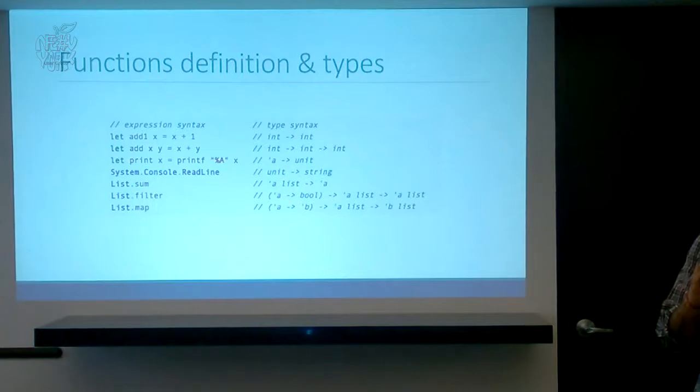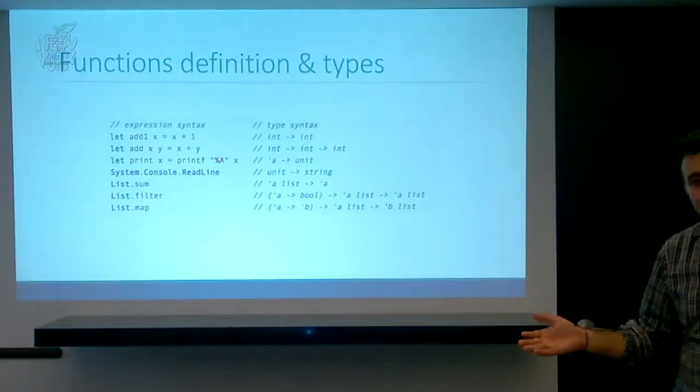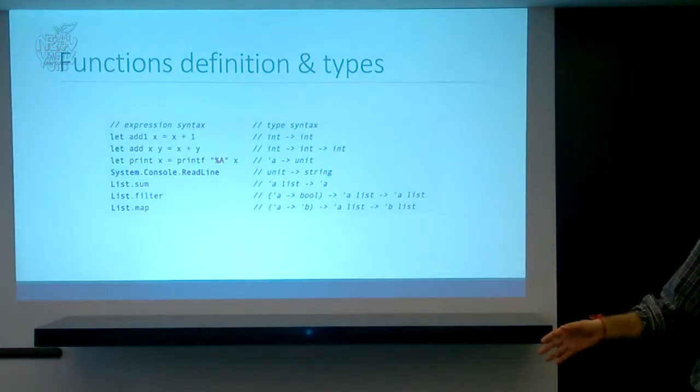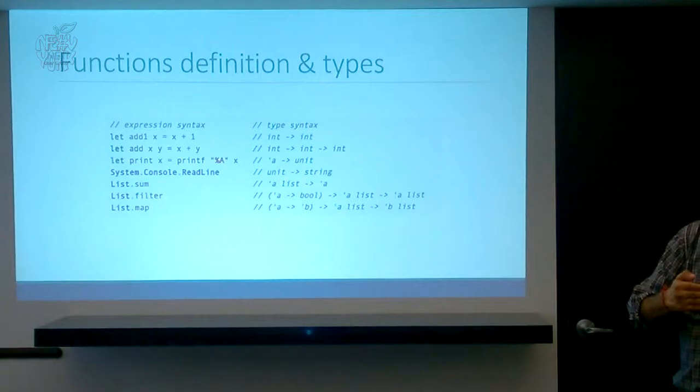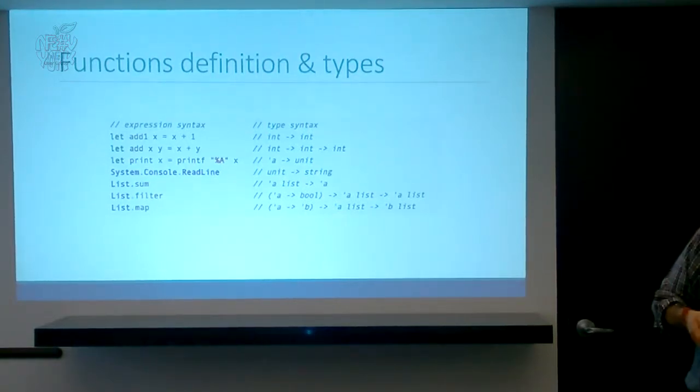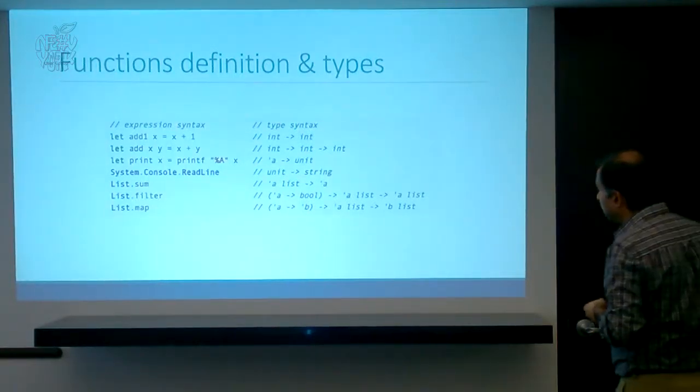And I write a function that says if x is greater than 5, return true. And if it's less than or equal to 5, return false. And I pass these to list filter. It will filter that list and give me all the values for which this function is true, which in this example will be all the numbers that are greater than 5. So that's how list filter is used.